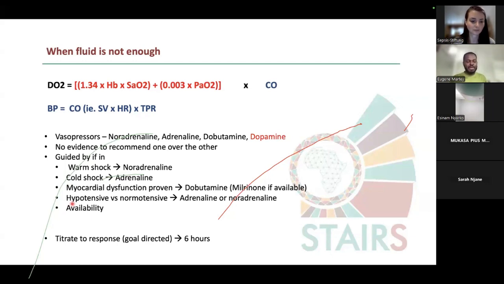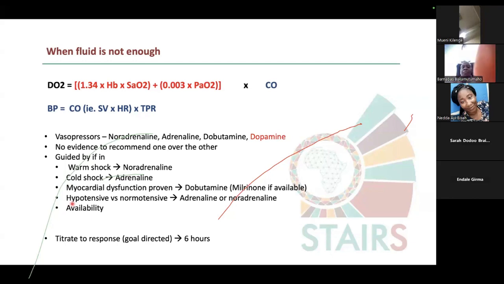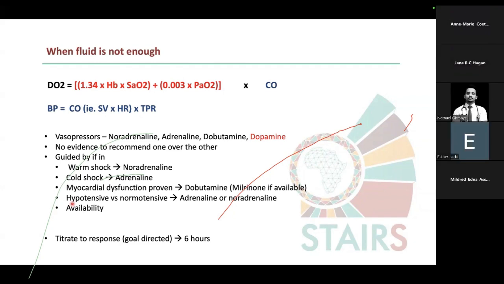So you don't leave the patient at the baseline of, let's say, 0.02 microgram per kilogram per minute of adrenaline, and then for 6 hours, the patient is on the same dose and yet still in shock. Every 15 minutes, you want to be sure that you are titrating your vasopressors and taking a decision whether or not you need to come in with a second vasopressor. So within 6 hours, you should have optimized your vasopressors for the patient per the Surviving Sepsis guidelines.